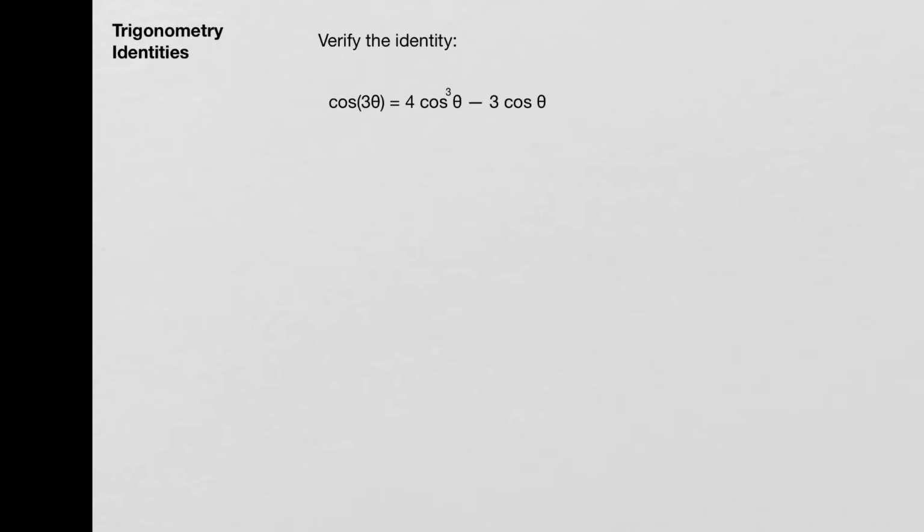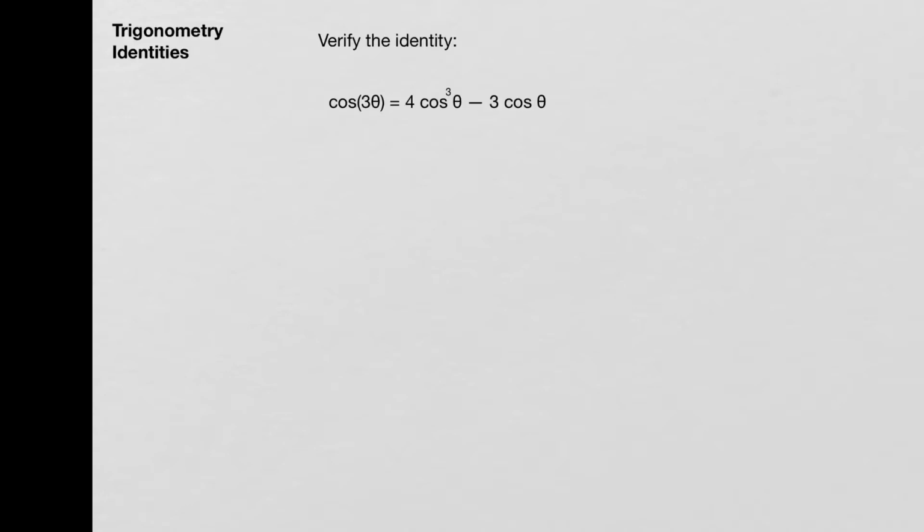Now for this identity, I'm going to start with cosine of 3 theta and transform it into what we have on the right-hand side. So how do I decide this? Well, I know that I can do something with cosine 3 theta because I can look at this as the cosine of 2 theta plus another theta, and then I can use my sum of two angles formula with cosine.